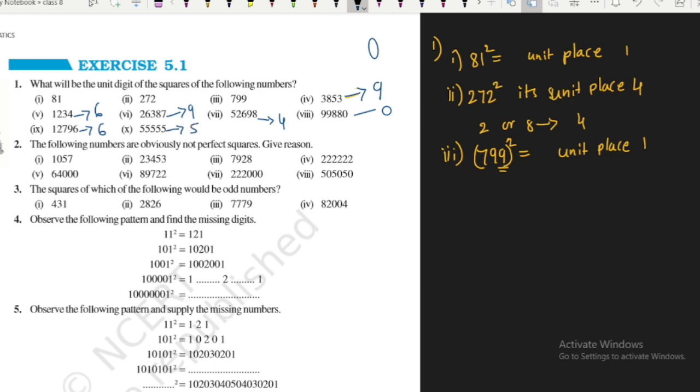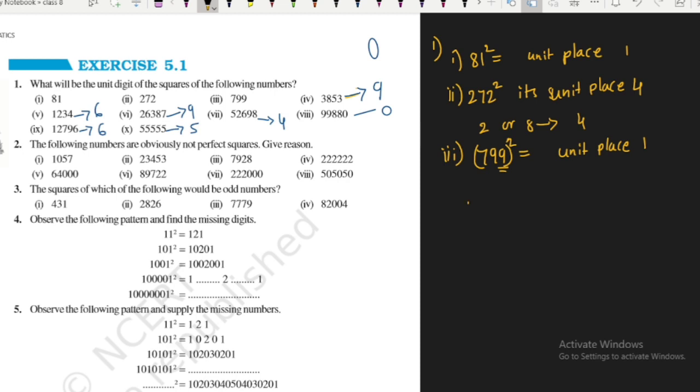These are the unit digits of the squares of the following numbers. So you have to remember that you already saw the square of a number and its unit place.